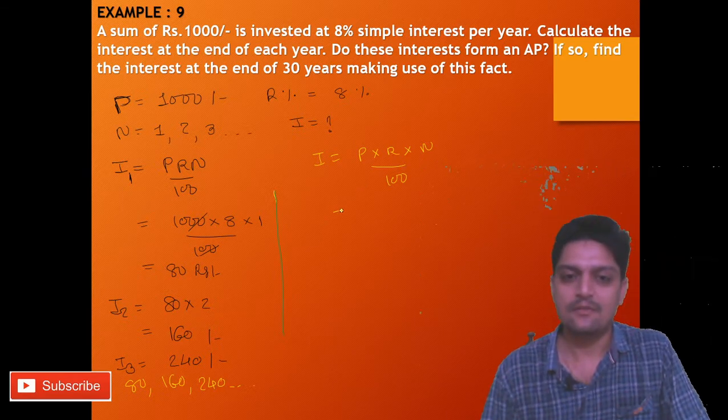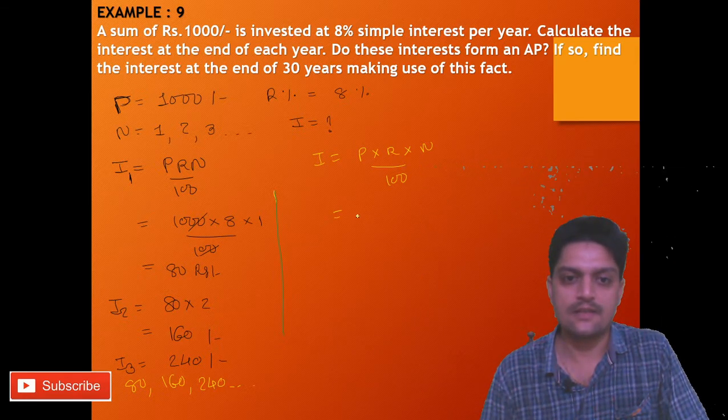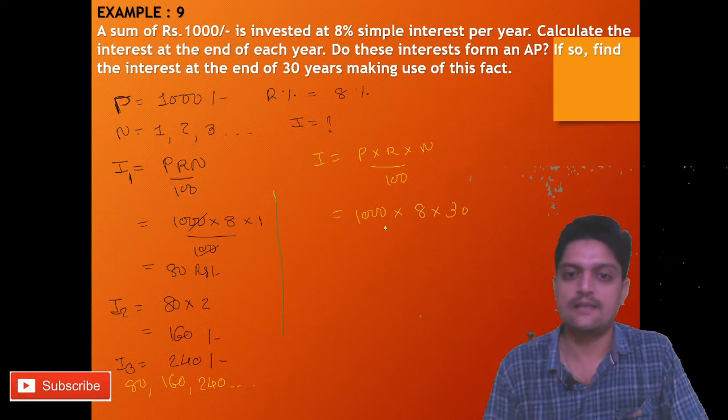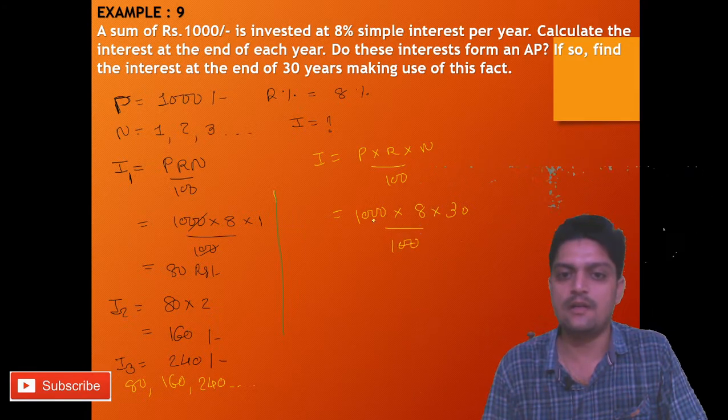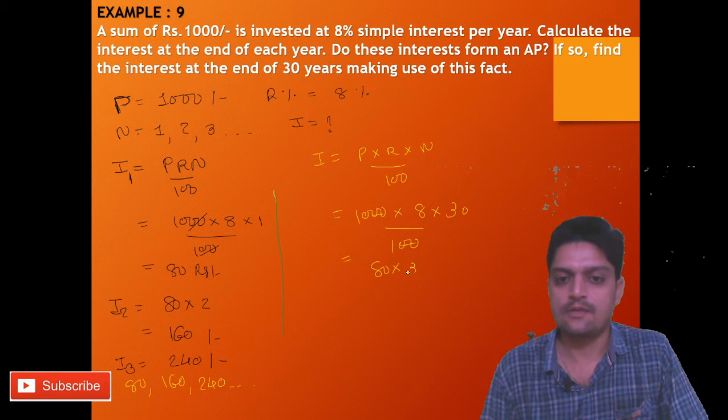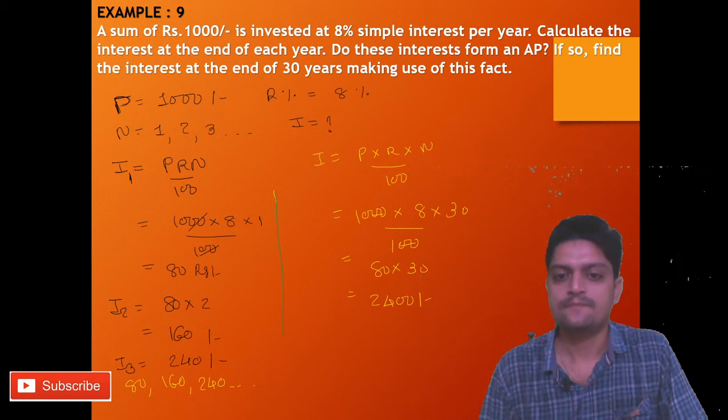So P is what? 1000 rupees. So 1000 into R is 8, and this is 30 because N is now 30 years, upon 100. So 80 into 30, what will come? 2400.